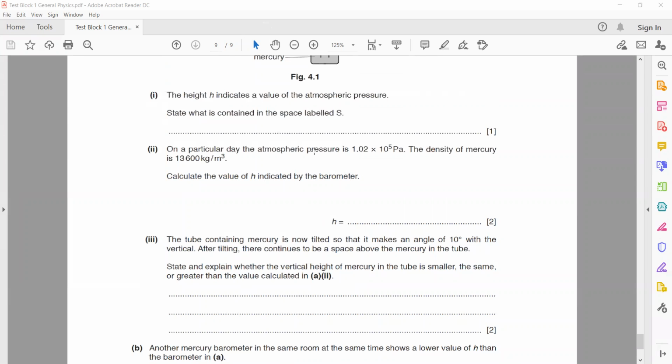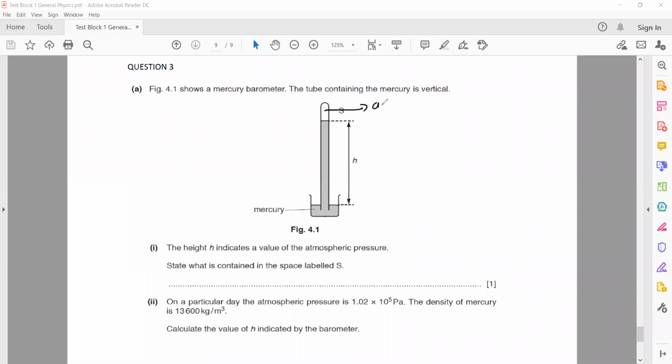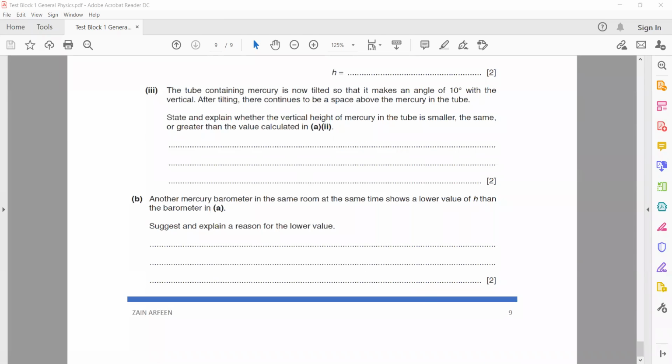The reason might be that it's not a perfect vacuum, it might contain some air. If a barometer contains some air, then the level which it shows will be smaller, because the air exerts pressure now and the atmosphere is also exerting pressure. Due to that, the height will be smaller.